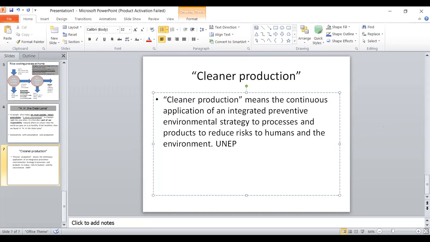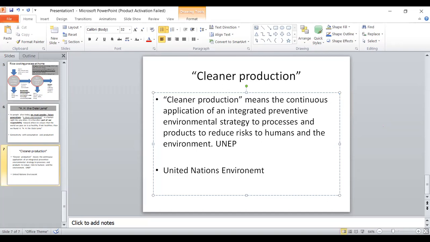This is from the United Nations Environmental Program, UNEP. Later I will give some text on this.